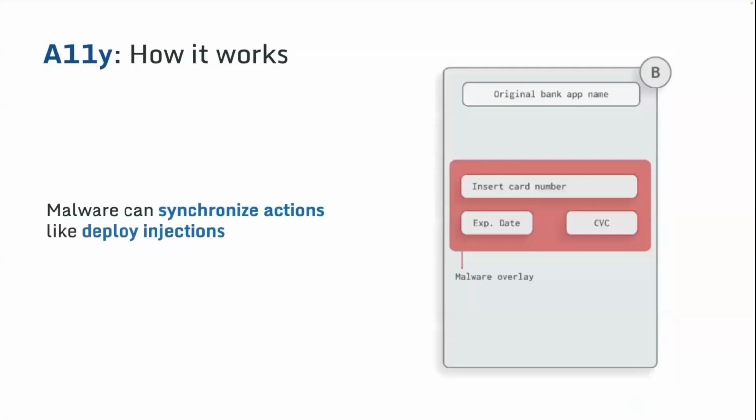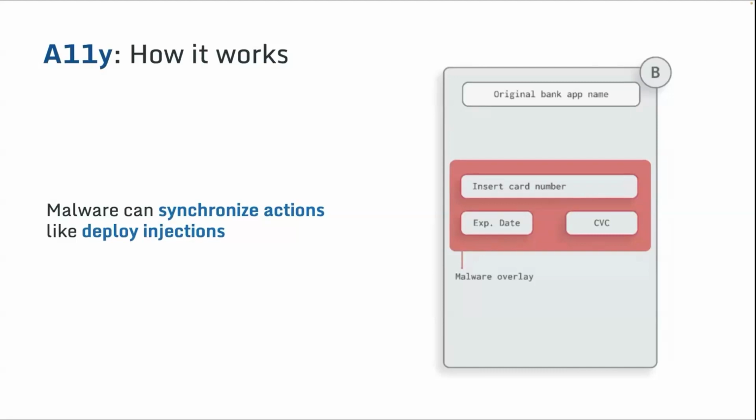Okay, more strategies, more methods malware uses. It can use accessibility to synchronize actions to know when's the right moment to do something. For instance, it could just draw an overlay on top of a specific activity in the victim application in order to steal the card number, expiration date, CVC, etc., the sensitive data.